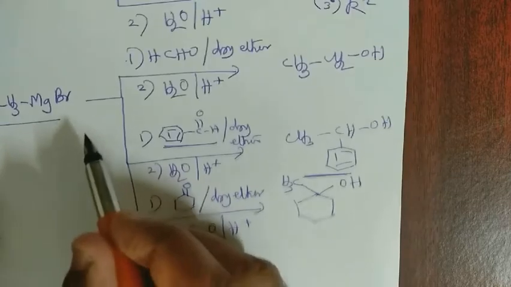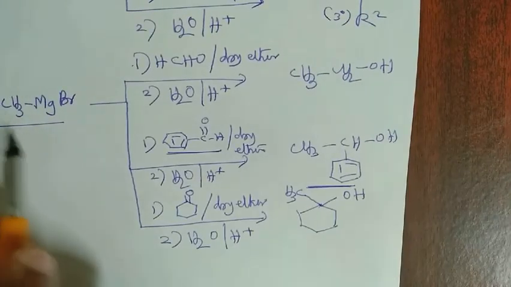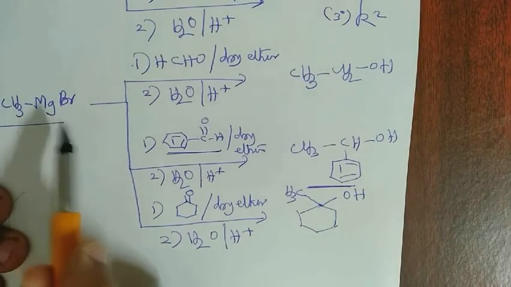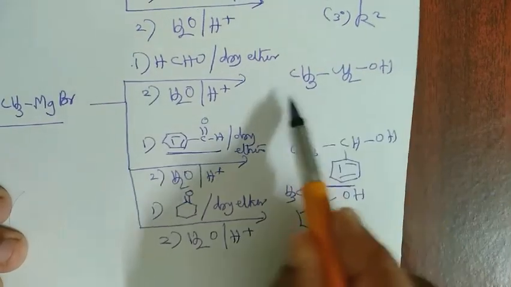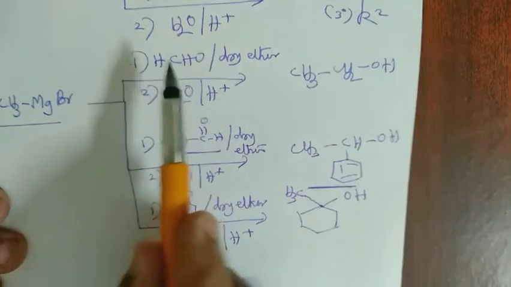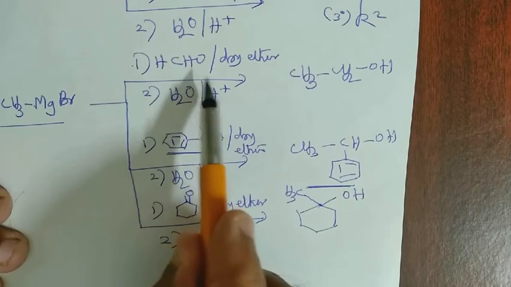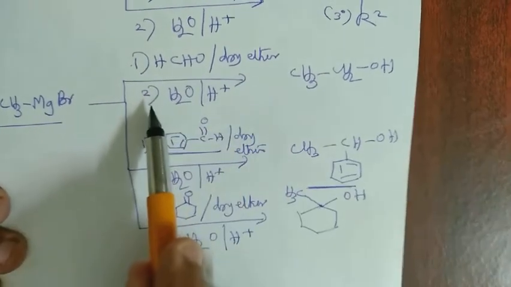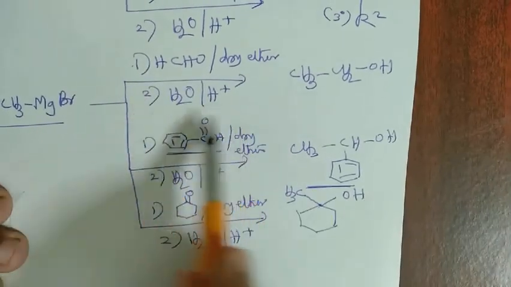As an example, methyl magnesium bromide can be converted into ethanol by reacting with formaldehyde in anhydrous ether medium followed by acid hydrolysis.